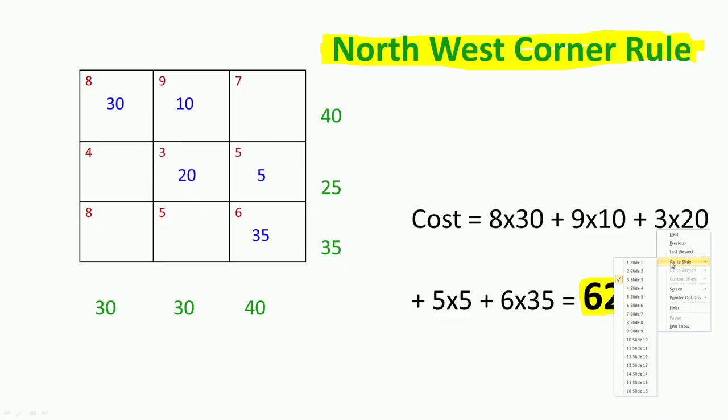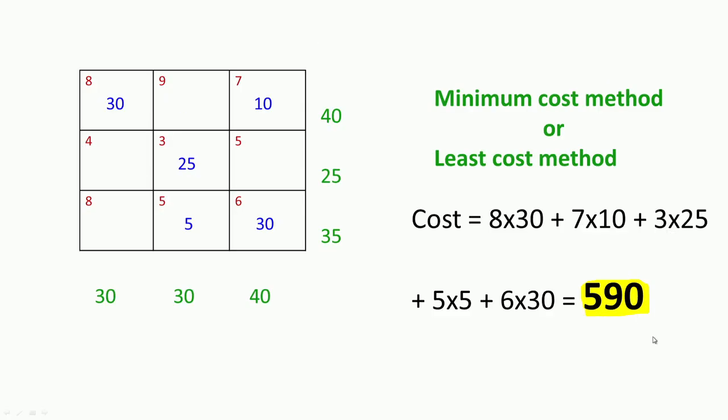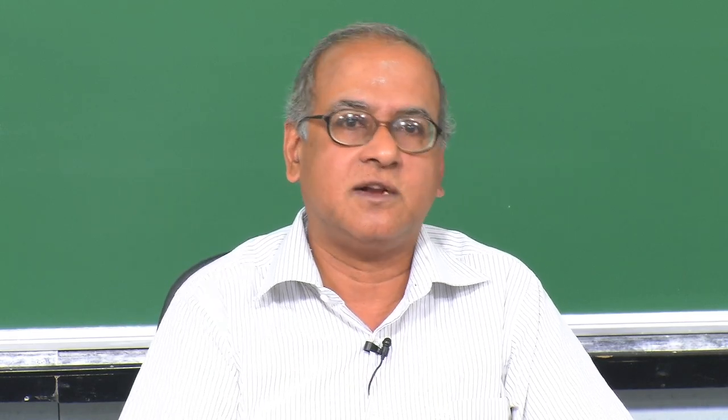Because it is a minimization problem, the solution with the lower cost is a better solution, and therefore, for this particular example we can say that the minimum cost has given us a better solution than the northwest corner. It also now tells us that the northwest corner solution is not optimal because we were able to find a solution with a lesser cost than that.